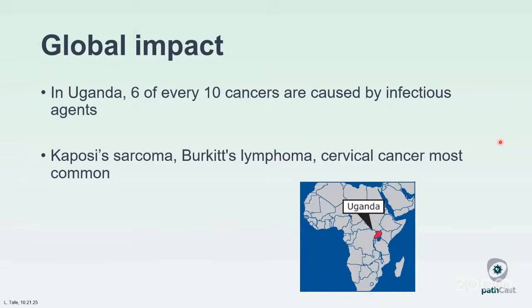In Uganda, for instance, about 6 of every 10 cancers are caused by infectious agents. Some data from 2018 indicate that among virus-related cancers, about 49% were induced by HPV, 26% by HBV, 11% by HCV, 11% by EBV, and approximately 3% associated with other related viruses.